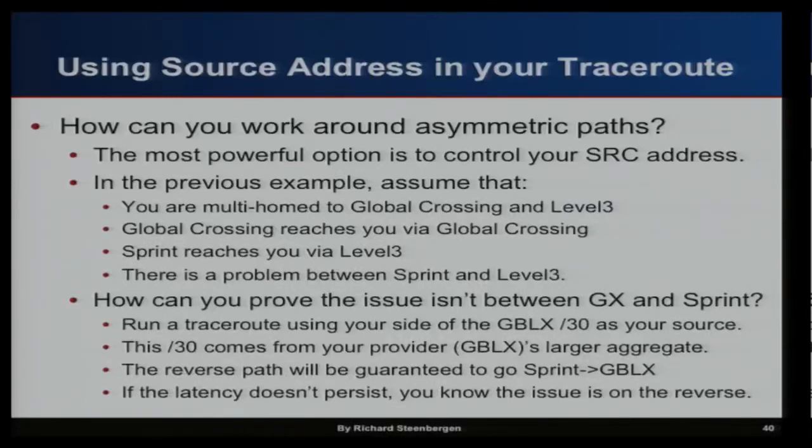So you do a traceroute, and you manually set in your traceroute command the source address to be that Global Crossing /30. You're forcing the return path, even once it hits Sprint, to come back via Global Crossing. Then you can look and see if that affected your results. If it did, try it on your Level 3 path. Oh, look, you now see 100 milliseconds on everything. So you know the issue in that previous example is the return path coming back in over Level 3.